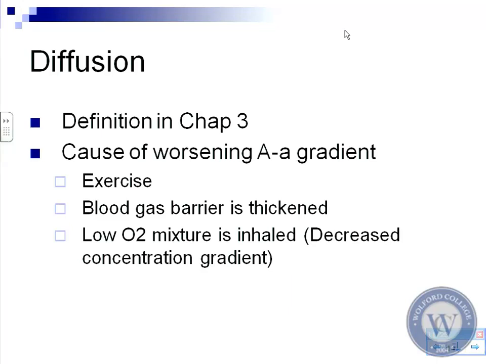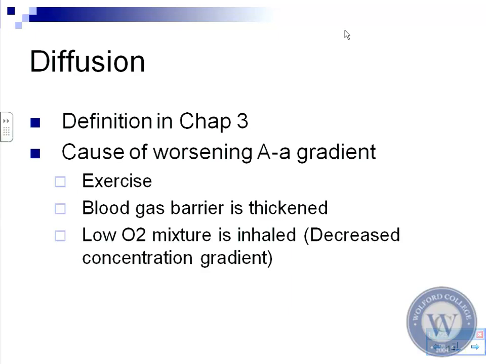ARDS would be another example of a diffusion impairment. You can get exposure to certain chemicals that can cause the lungs to white out on you or get wet, which will cause a diffusion impairment. What you see in these individuals is that the A-a gradient becomes greater, which means that the alveolar expected concentration and the arterial expected concentration are getting wider.